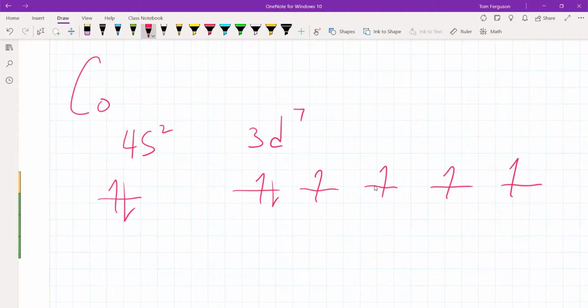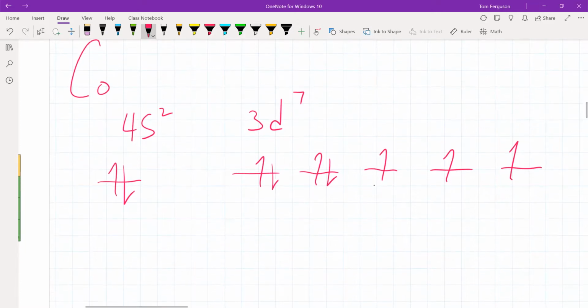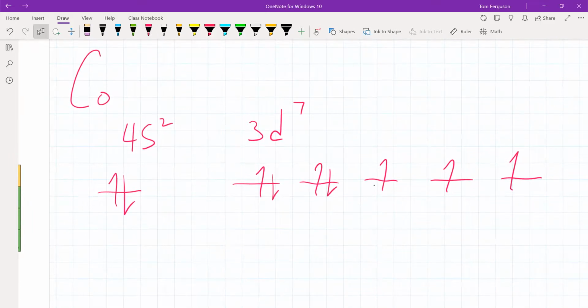Now, cobalt forms cations. It loses electrons. So what can we do to cobalt to make it more stable? We can pair it with something that will give it 3 electrons.